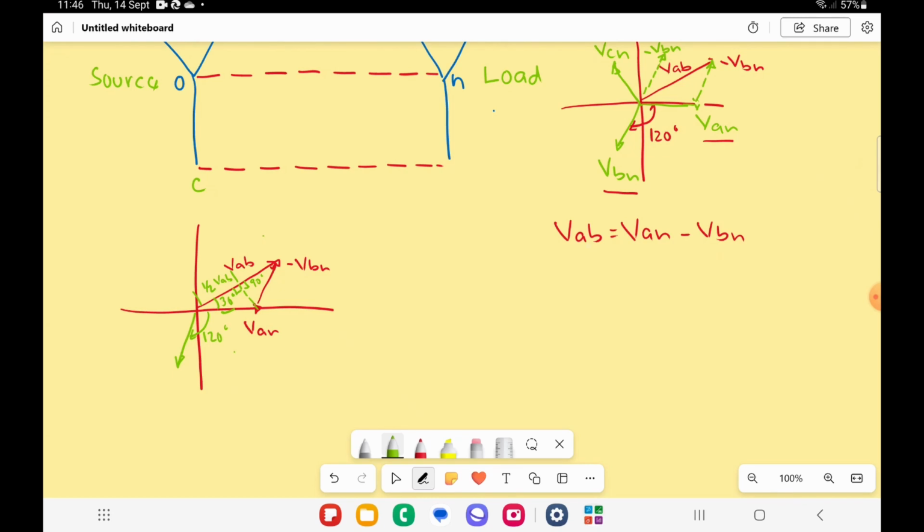VBN is 30 degrees from the negative y-axis, and therefore the opposite angle is also 30 degrees. So the angle between VAN and negative VBN is 60 degrees.